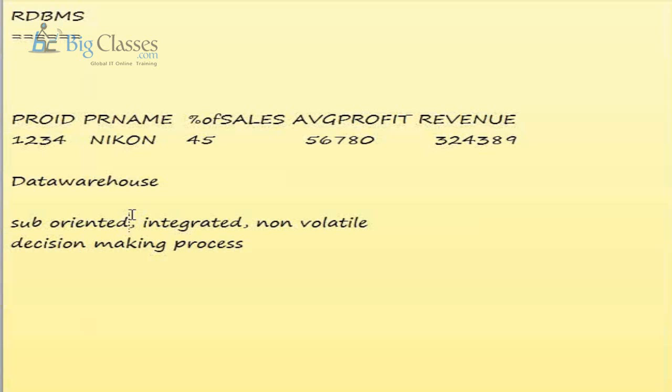Subject oriented means we can store the data based on specific information or a specific group. Integration means we can integrate data from different sources into a single source of truth. For example, data coming from different front-end systems is finally stored at a final data warehouse layer.